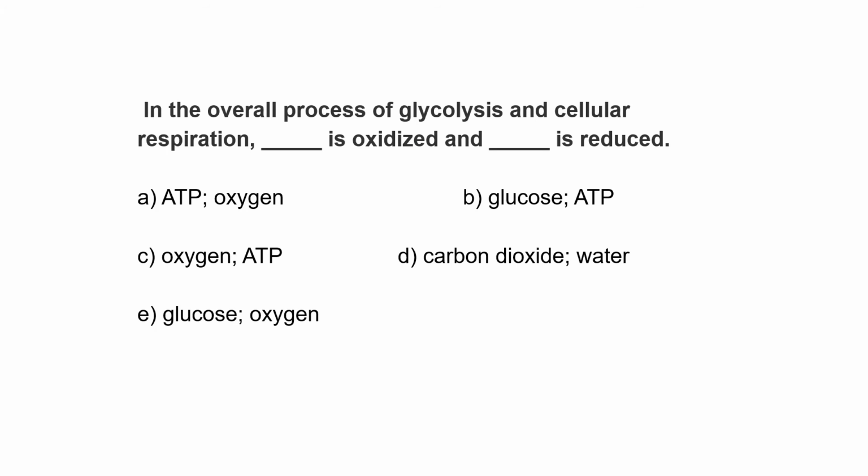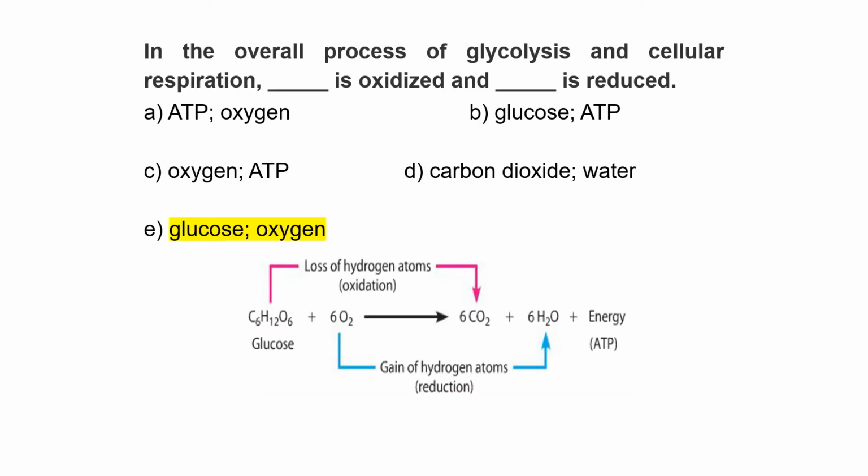So now let's answer this question. In the overall process of glycolysis and cellular respiration, what is oxidized and what is reduced? Okay, so we already studied this. Glucose is oxidized and oxygen is reduced.